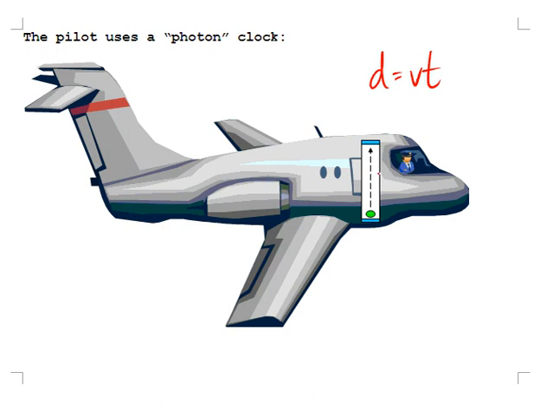Let's say the photon clock is like 1 meter, right? 1 meter tall. You could say, okay, it ticked and it tocked this many times, so it would be that many meters. 30,000 times, that means it traveled 30,000 meters.